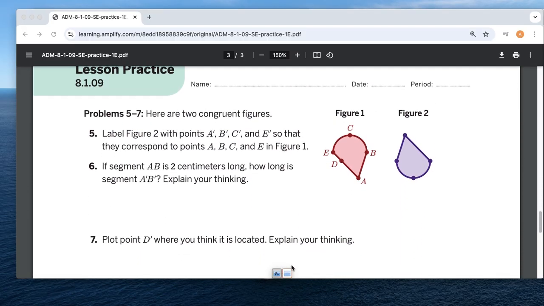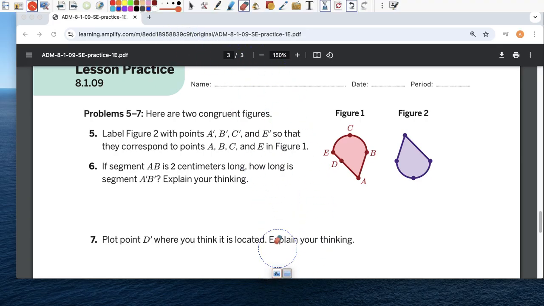What in the world is this? Label figure ABC so that it corresponds. All right, so imagine that I rotated this. How would you label? Well, this would be A prime. This would be B prime. This would be C prime. This would be E prime.